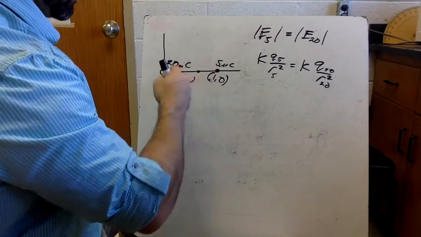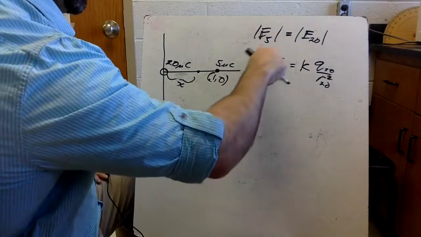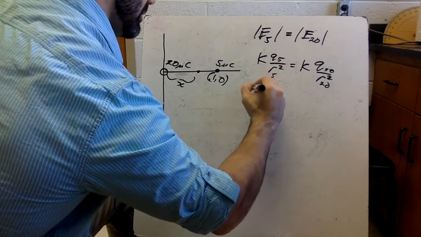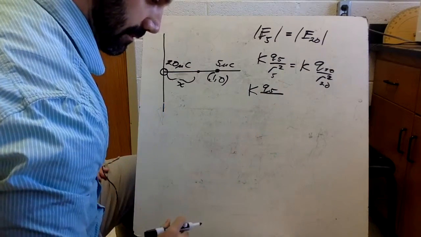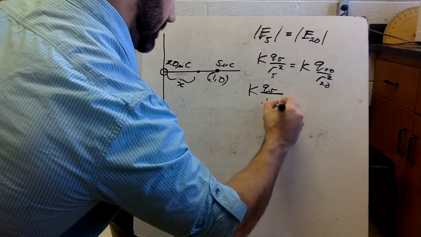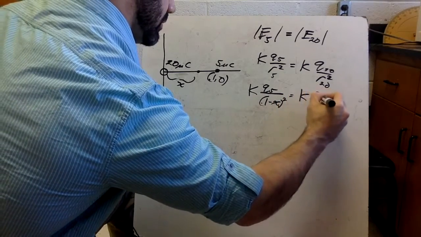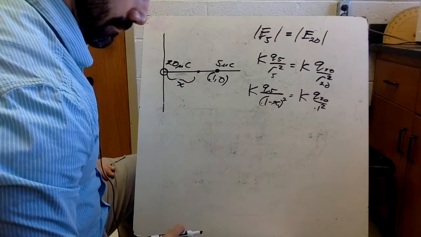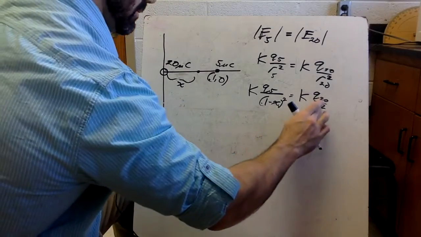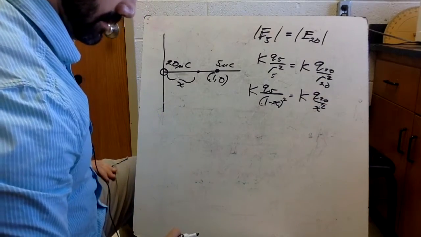And then this is 0.1, right? So that means this distance is 0.1 minus x. So for this one, this is going to be kq5 over 0.1 minus x squared, and this is going to be kq20 over, rather, x squared.